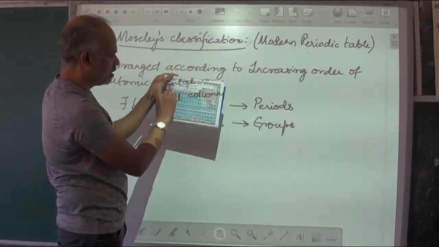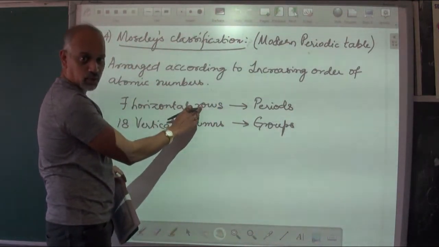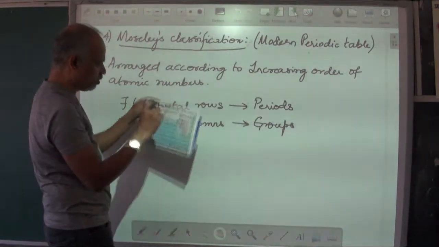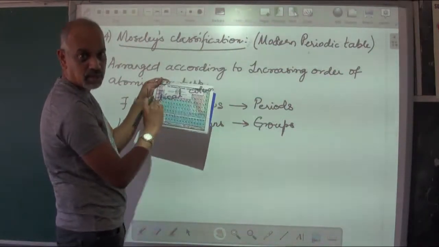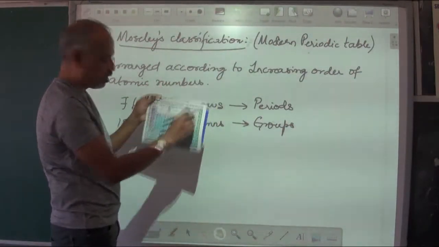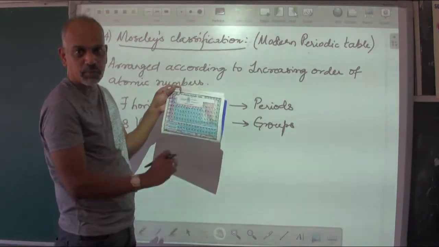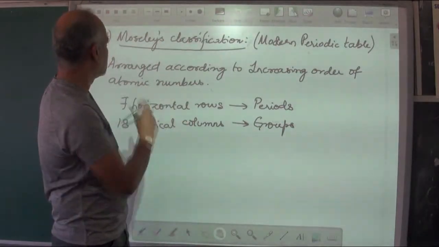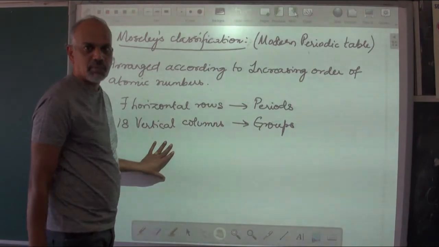Those arranged horizontally in rows were called periods, like the previous one. There are 7 horizontal rows and 18 vertical columns. Each of these is called a group. This way it is called period, this way it is called group. So that's about Moseley's classification, which is the modern periodic table.